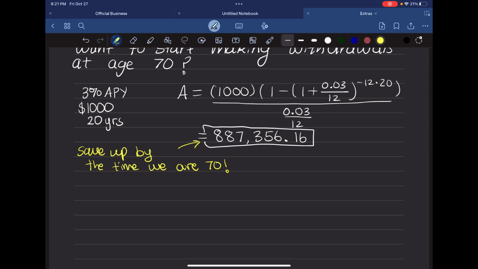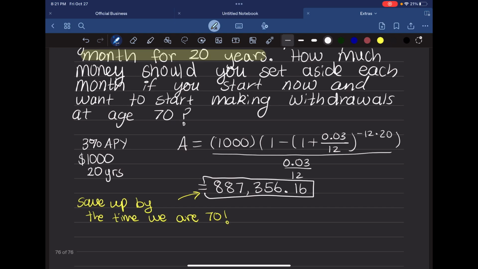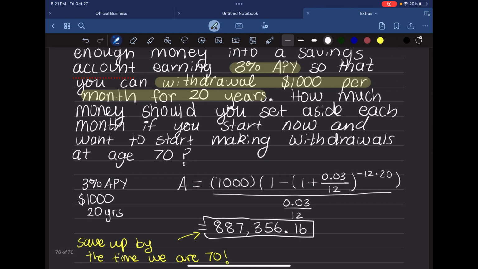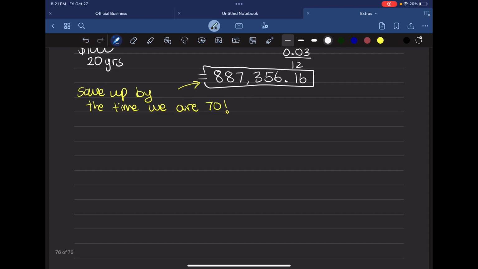Okay, so suppose for this question, you kind of have to know what age you are to figure out how long you have between now and 70. So let's just suppose that we're 25.